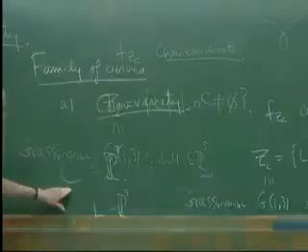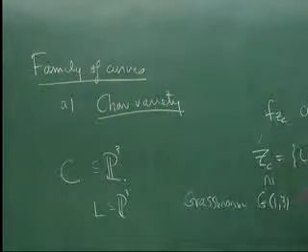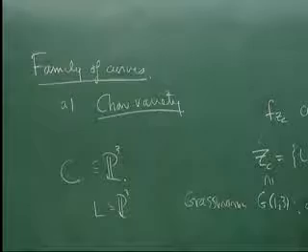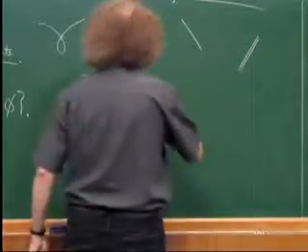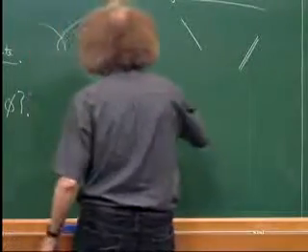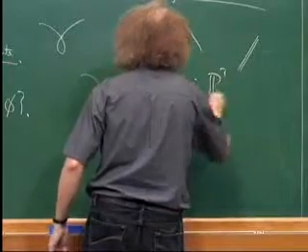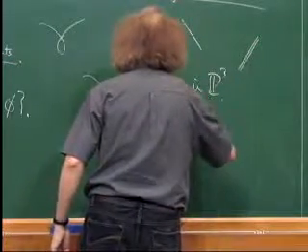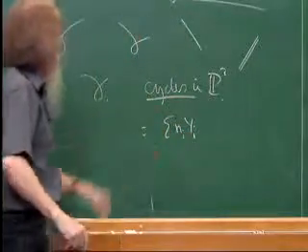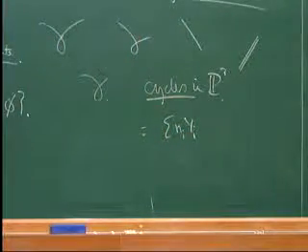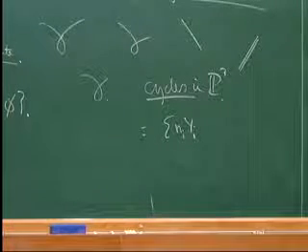With this particular approach, when you have a singular curve and you specialize it, if it's one of these, you just get that curve. But if it's multiple, you get an integer coefficient. So what this actually parameterizes is cycles in P3, and a cycle is a summation with integer coefficients n_i of curves Y_i. Think of Y_i as being irreducible curves, and n_i as certain integers. The formal sum with integer coefficients is called a cycle, and this Chow variety parameterizes cycles.